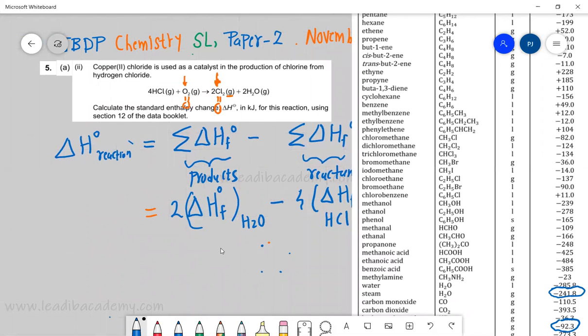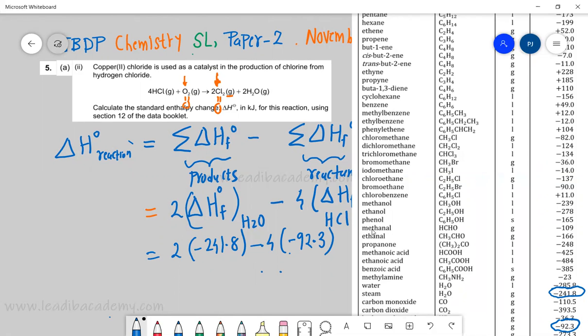For water, it is minus 241.8 minus 4 times hydrogen chloride, that is minus 92.3.